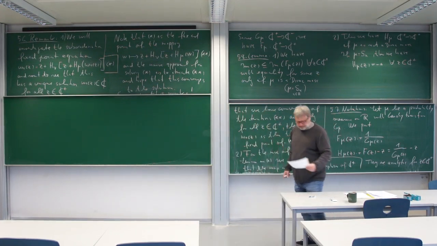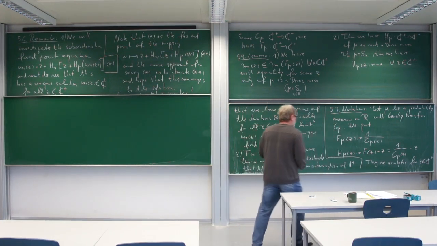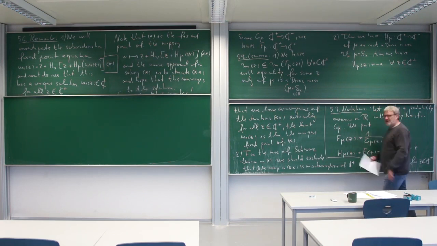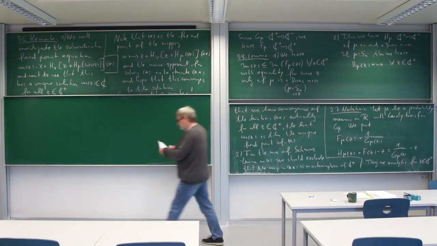Okay, so let us do the calculation. And of course, this is just about one measure, so I omit the mu as an input and just use G and F.